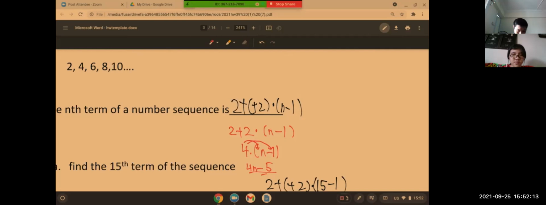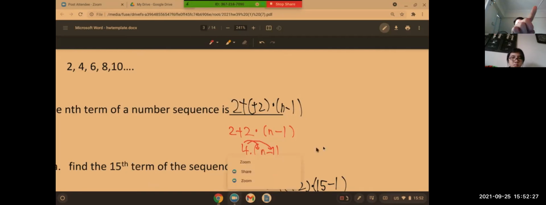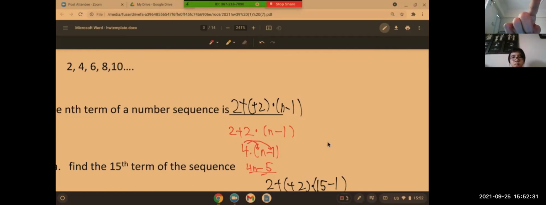Four and minus 5. Okay, good. Hold on, show me the working. Do you do the arrow first or do you do the plus first? I did the plus first.